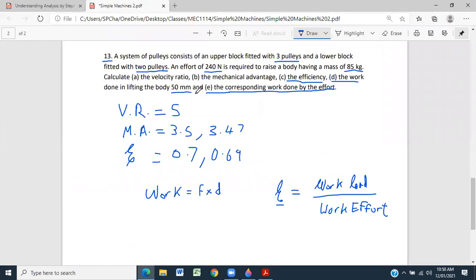There's the work of the load over the work of the effort, right? For this part here. So we found efficiency, and now we're using it to find the corresponding work done by the effort. Now there are many ways to do this. This is just the simplest one.